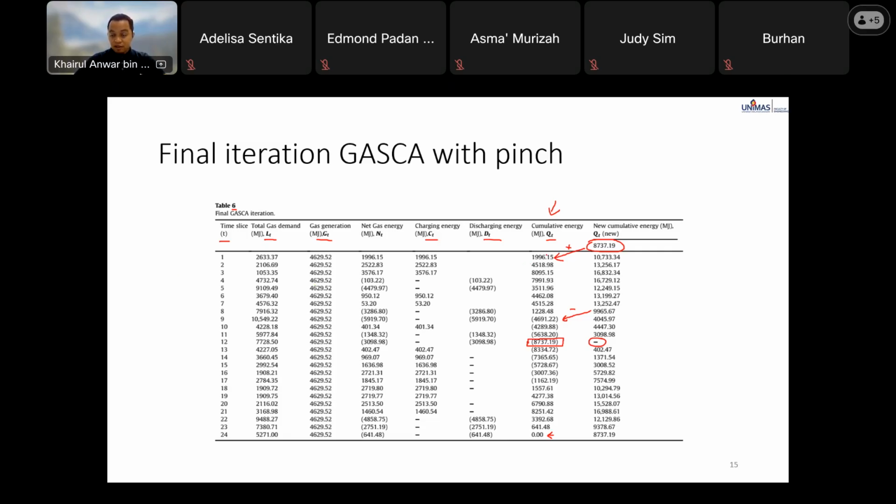And then you do the cascading: 1966 plus 2522. Oh, sorry.